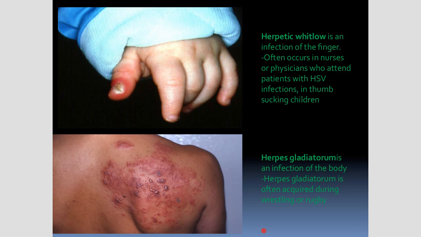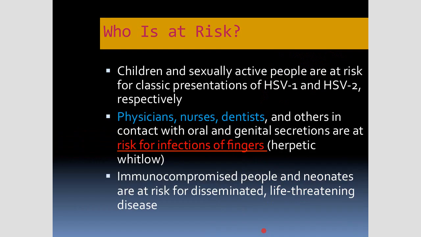Herpes gladiatorum is there too. Sometimes it says wrestling or rugby. Anything that you rub against each other, it could be sexual intercourse, it could be a game, anything that allows you to rub microorganisms into the system. That's how these people acquire it during wrestling or rugby. I'm pretty sure they don't test you before that.